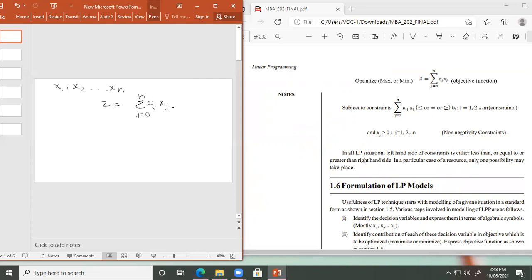This is the objective function, subject to the constraints given, and xj greater than or equal to 0, for j equals 1 up to n. So in all linear programming situations, the left hand side of the constraint is either less than or equal to, or greater than, the right hand side. In a particular case of a resource, only one possibility may take place. So that is for the formulation of the linear programming model.